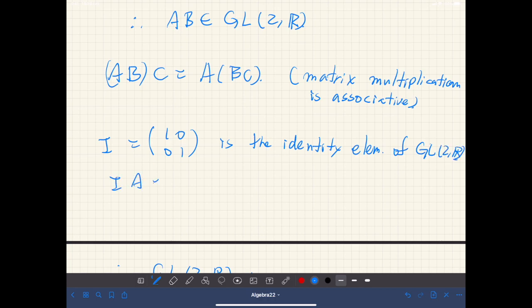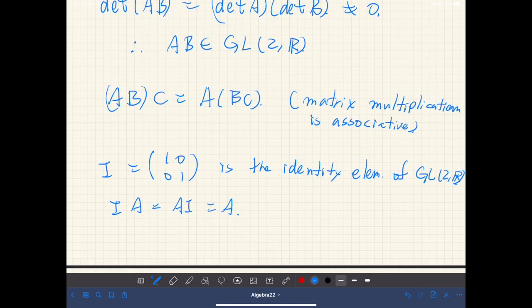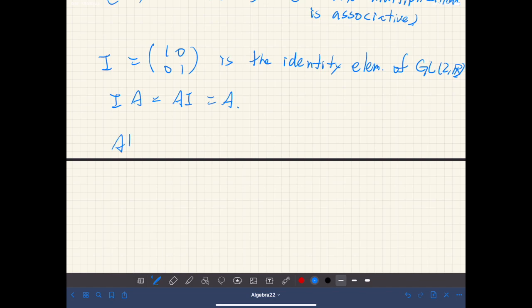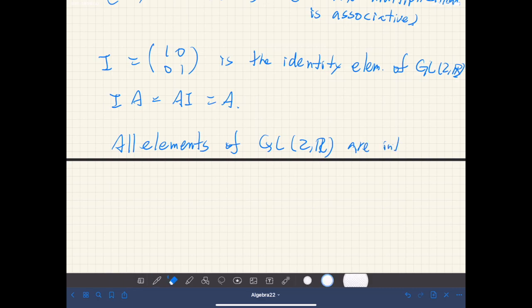So that means IA is equal to AI is equal to A. And by definition, all elements of GL2(R) are invertible. So the inverse elements are always there. Therefore, GL2(R) is a group.